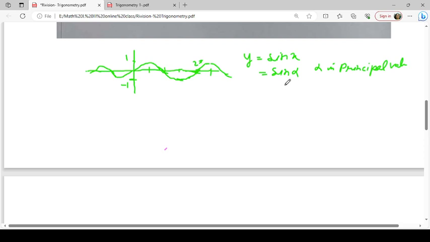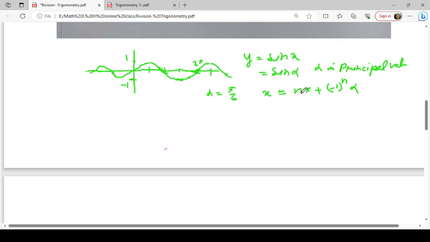So pi by 6 is 30 degrees, so alpha is the principal value. Then x is equal to, our formula is, n pi plus minus 1 to the power n into alpha. So suppose alpha is pi by 6, 30 degrees.